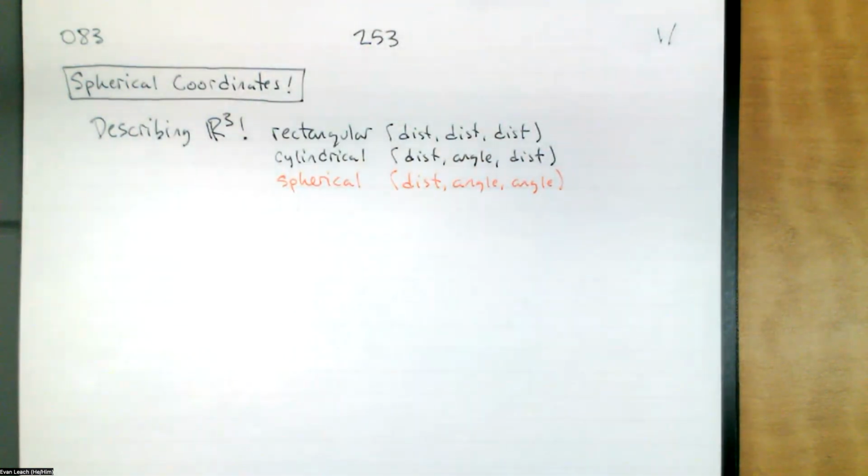This is as far as we can go. We can't describe specific places with three angles. If we have three angles, we have no way to track down a distance. So we're just going to have these three ways of describing R3. Three distances, two distances and one angle, one distance and two angles. So it's nice and organized.